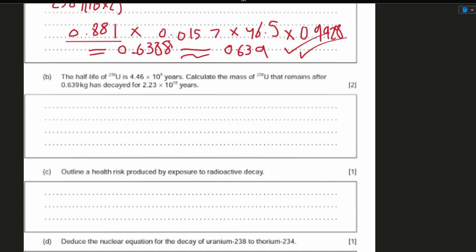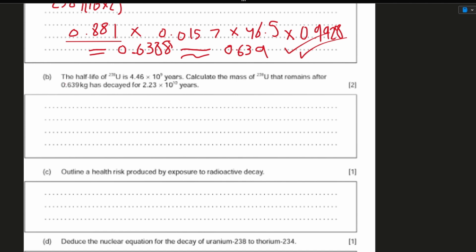Part B says the half-life of uranium-238 is 4.47 times 10 to the power of 9 years. Calculate the mass of uranium-238 that remains after 0.638 kilograms is decayed for 2.23 times 10 to the power of 10 years.